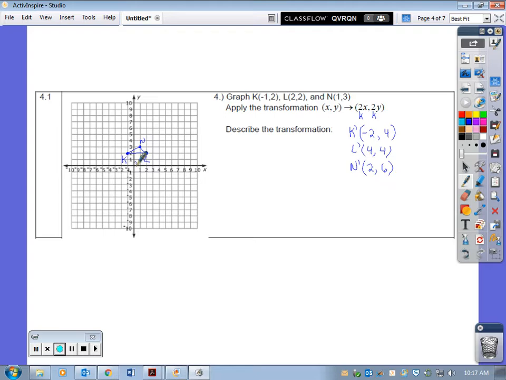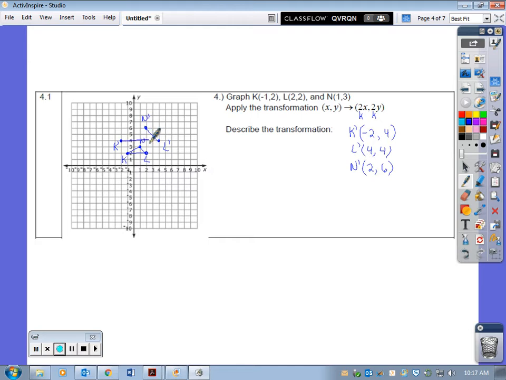Okay, so my K primed is going to be negative 2, positive 4. My L primed is going to be positive 4, positive 4. And my N primed is going to be positive 2, positive 6.